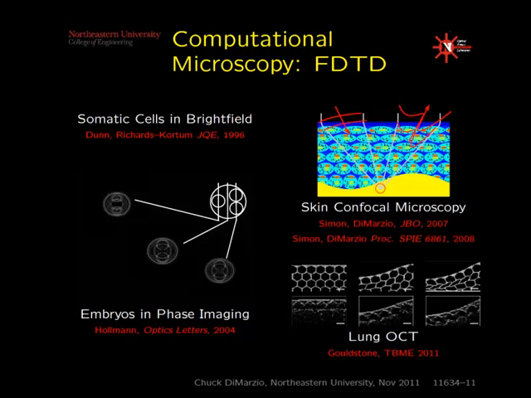The first person that I know that used this in biomedical optics was Andy Dunn, who was looking at the light scatter from cells as part of his PhD back in 1996. Later, Andy collaborated with us, and we looked at images of embryos using a phase measuring microscope that we had invented.